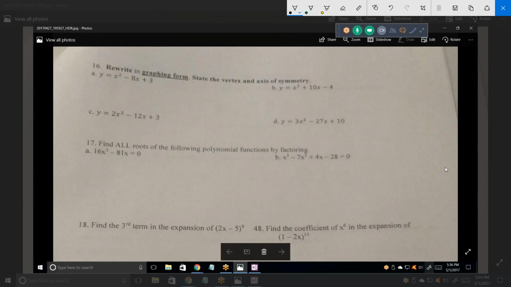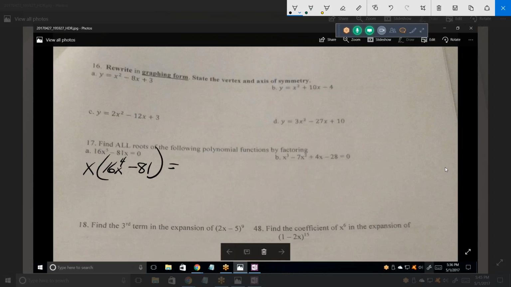There's none. What's that? There's no number, but there's a variable that you can pull out. What is it? X. What's left? 16, x to the 4th minus 81.